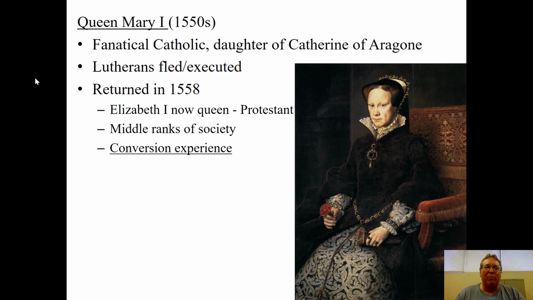Having a very public conversion experience becomes central to religion here in the 16th century in England. And it very much becomes a part of the Protestant religious community. So we see Protestantism is really growing and becoming dominant here in England during this period.